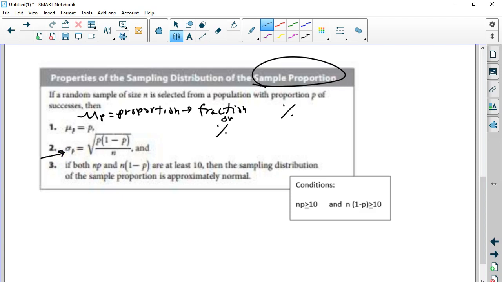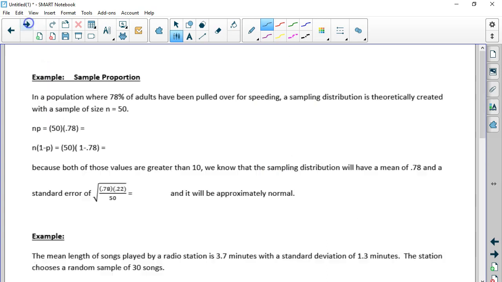It's very simple. We take the square root of the proportion times 1 minus the proportion, divided by n. And lastly, if both np and n times 1 minus p are at least 10, these are our magic numbers here, it's normal. Alright? This will make more sense once we do some sample problems here.